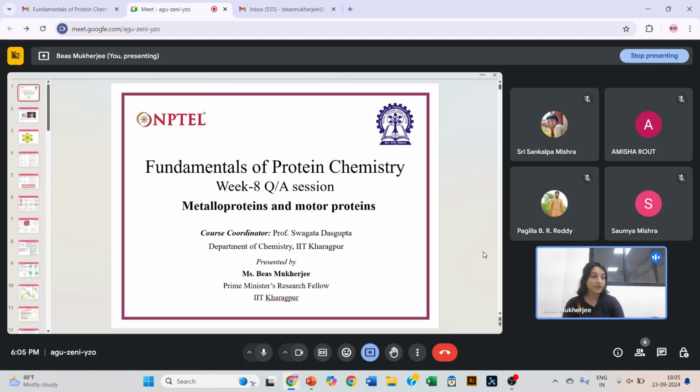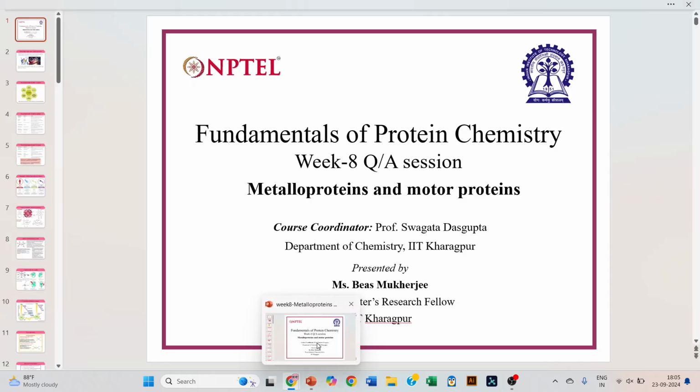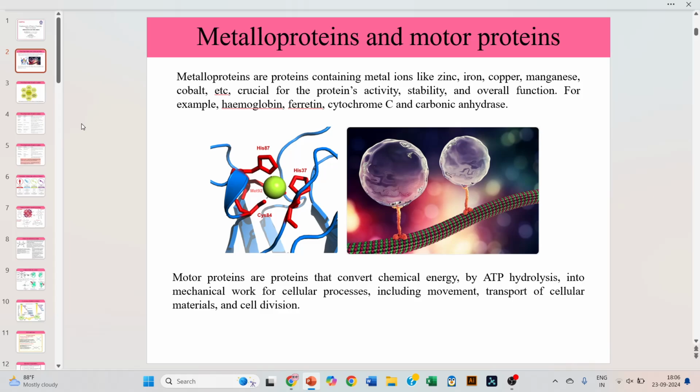So we'll be talking about these two, and there are many examples of metalloproteins and motor proteins in our body, in plants, in bacteria. And we'll have a look at all of those. You can ask me questions, and you can also write down in the chat box and we can discuss. If you're having any doubts with anything, if you have anything else to convey, we can discuss that way.